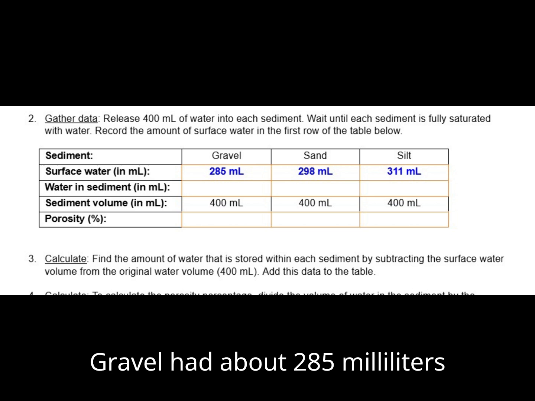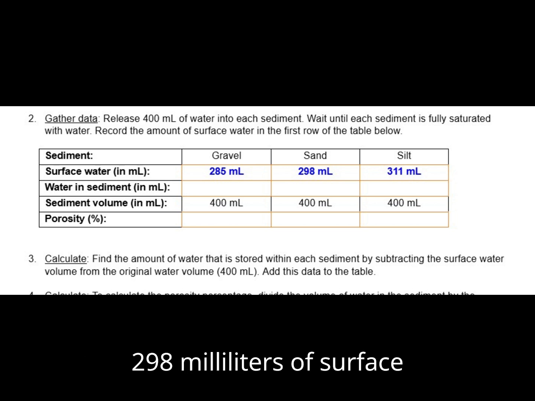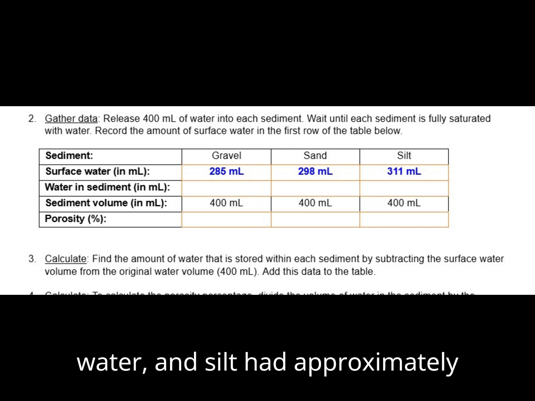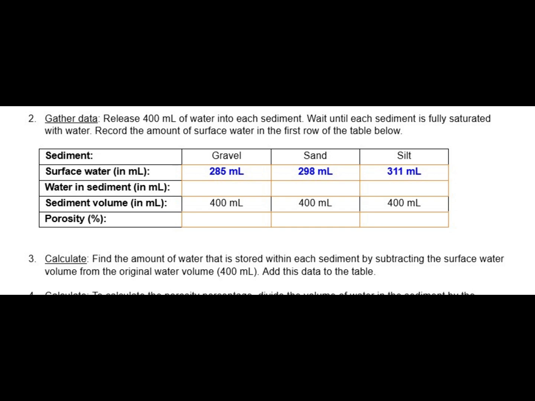Gravel had about 285 milliliters of surface water. Sand had about 298 milliliters of surface water. And silt had approximately 311 milliliters of surface water.